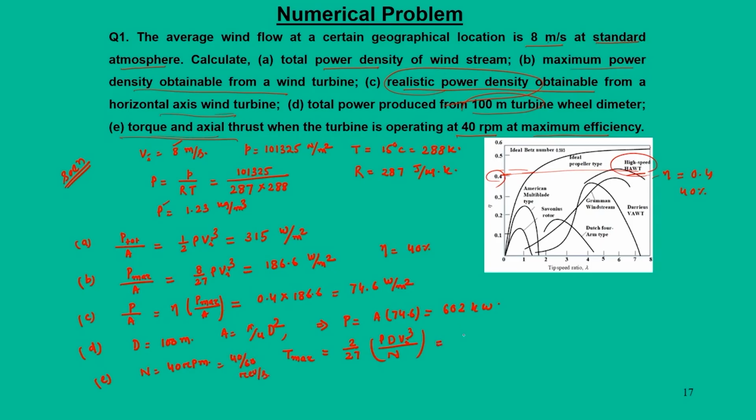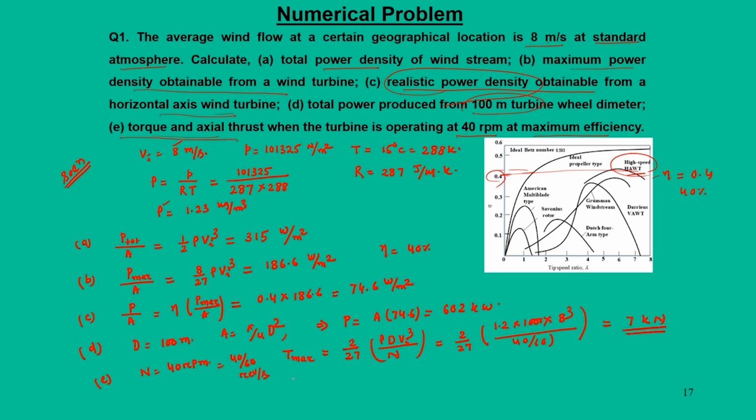So, this number becomes 2 by 27 into 1.2 into 100 into 8 cube divided by 40 by 60. So, T max is close to 7 kilonewton.